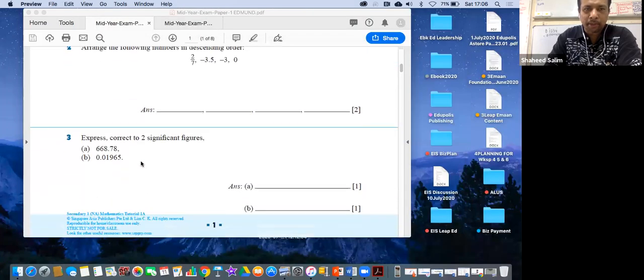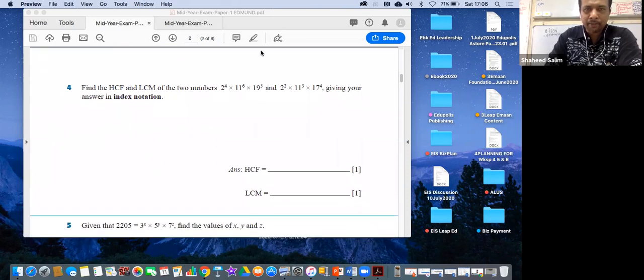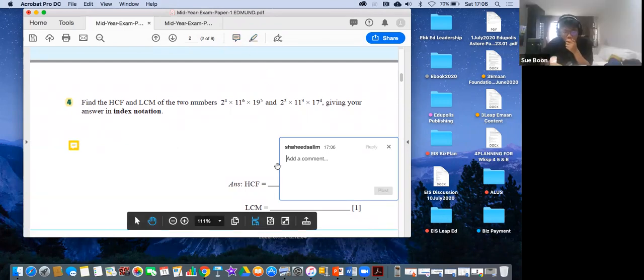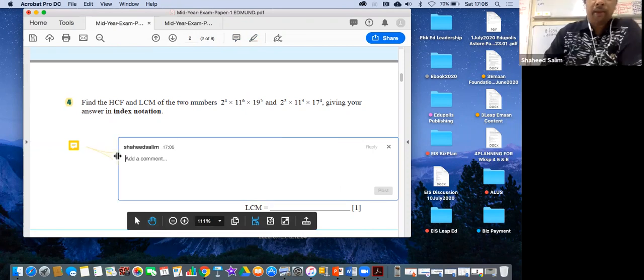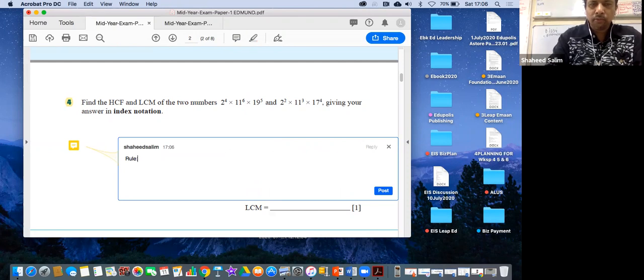I will show you the method, but I'm not too sure whether you will get it, but let us see. So the rule, you got to write this down somewhere, Edmund. For these type of questions, you write the rule. To find LCM, use the bigger numbers.